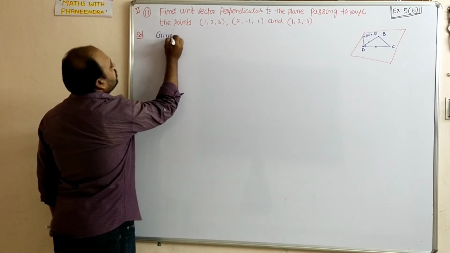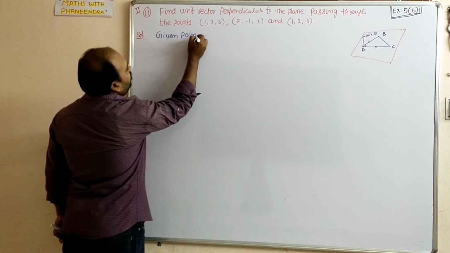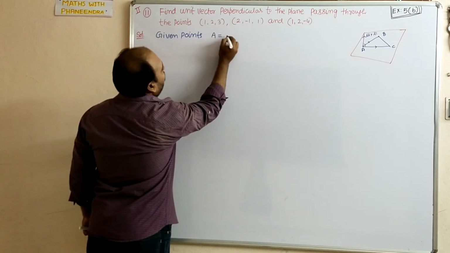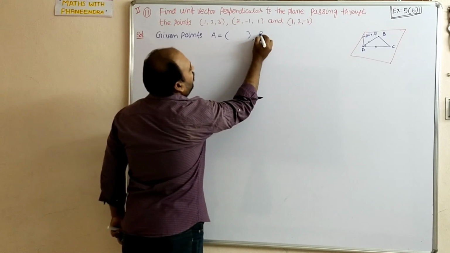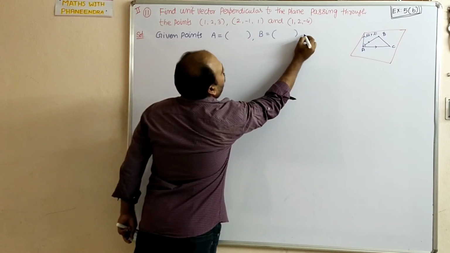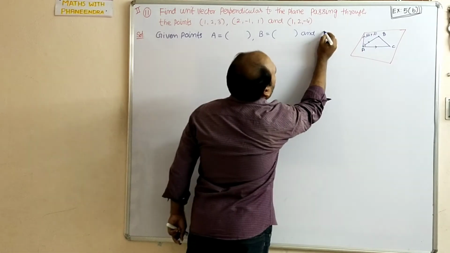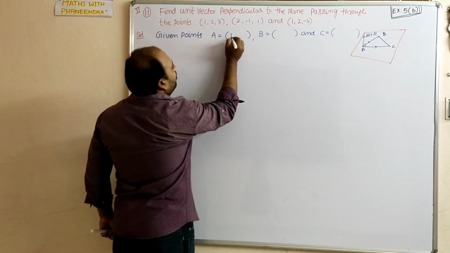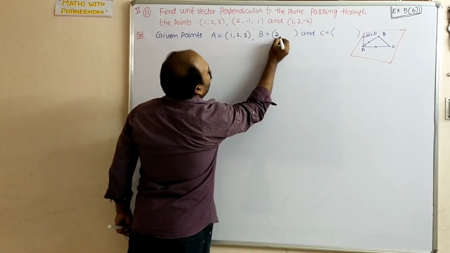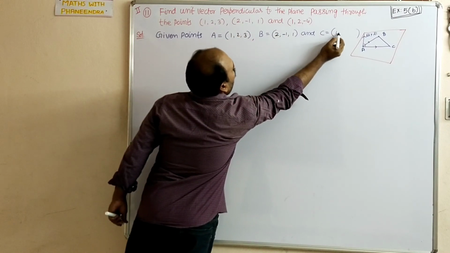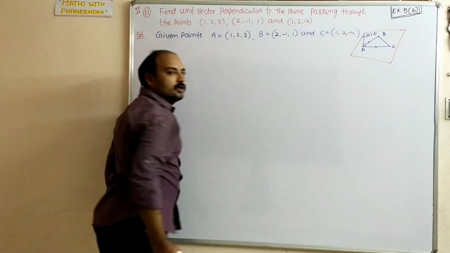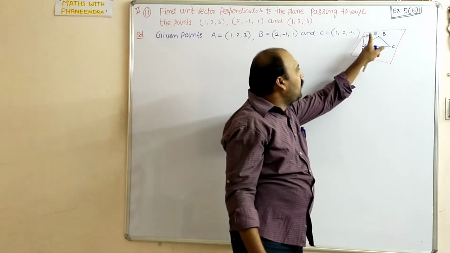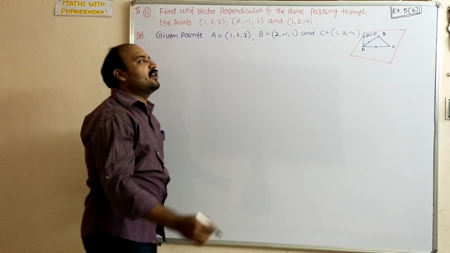Given points, I am assuming that one is A, B and C: (1, 2, 3), (2, -1, 1) and (1, 2, -4). To calculate AB bar and AC bar, we need the position vectors.